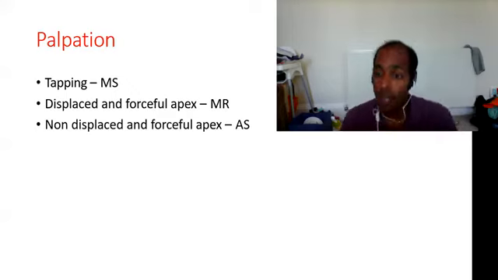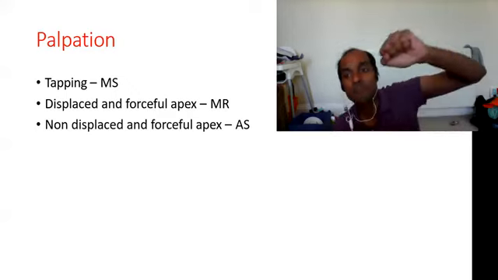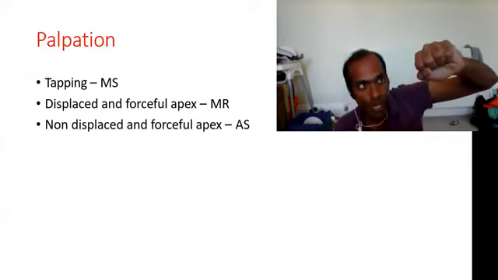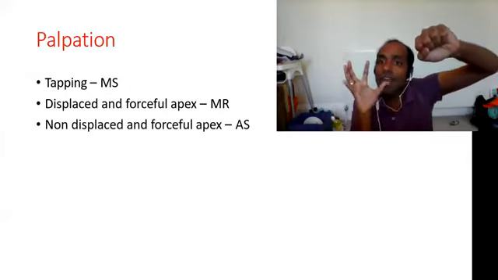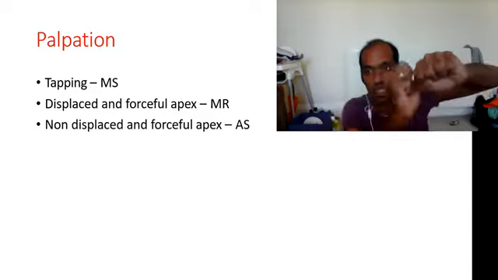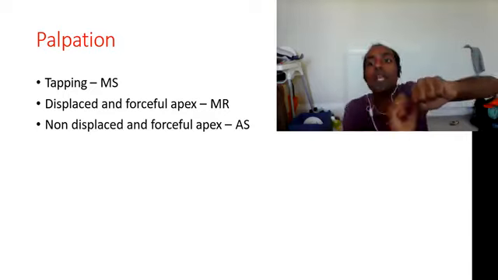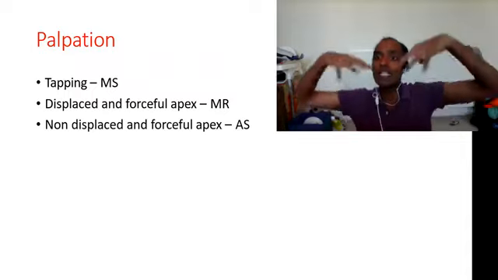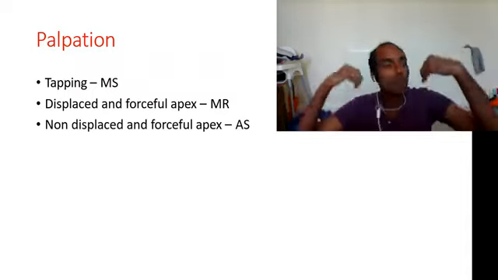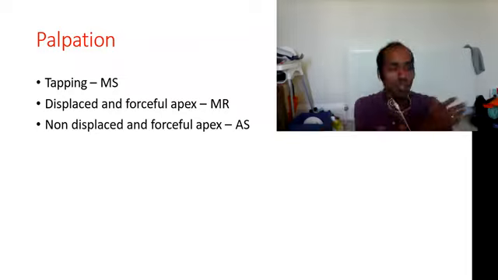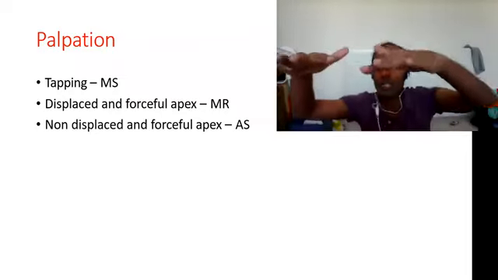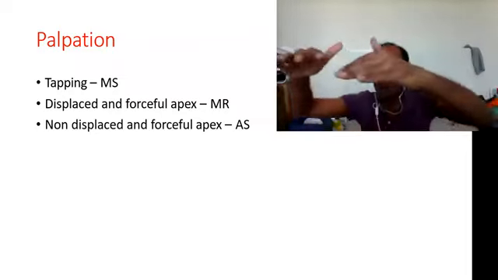In aortic stenosis, because the valve is very narrow, the left ventricle has to generate a lot of force to push blood across it. I can't show off my muscles, they are non-existent, so I'm not going to do that.